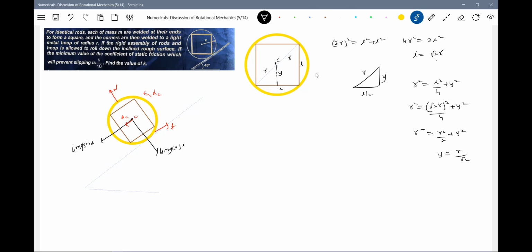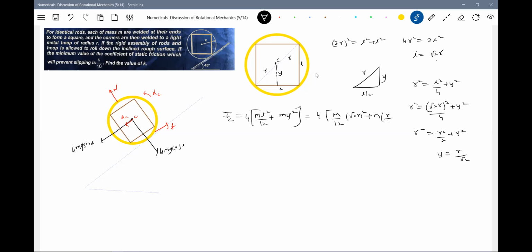Now you get the moment of inertia. How to get it? Find it for any one rod. The net moment of inertia of the system, applying the parallel axis theorem, is ML square by 12 plus M Y square, multiplied by 4 times, since it'll be the same for each. So 4M by 12, with L as root 2 R whole square.